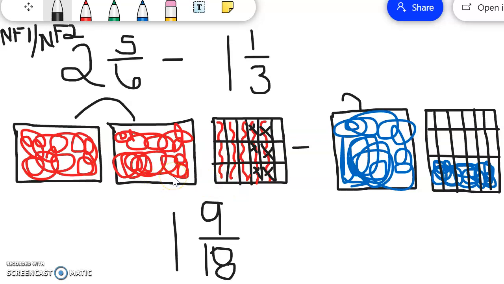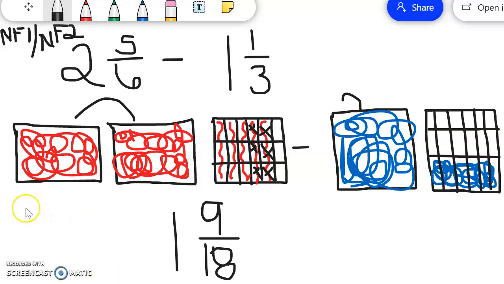But I can reduce this fraction. I can simplify this fraction. I can find the factors that they have in common and then determine the greatest common factor. So factors are numbers that are multiplied together to get my numerator, and then the numbers that are multiplied together to get my denominator. And then I look at both sets and see what is the greatest number they have in common, and then I divide.